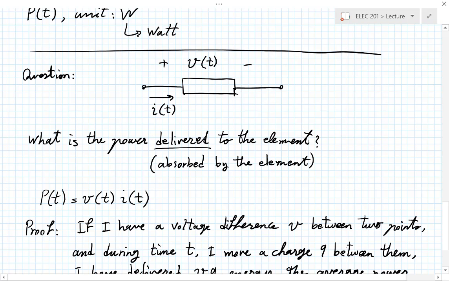Here's a question. If I have drawn things like this, if I have V indicated like that and I indicated like this, does that mean that this element is actually consuming power? Is it absorbing power? Is power being delivered to it? Or is it delivering power to the outside? Which one?